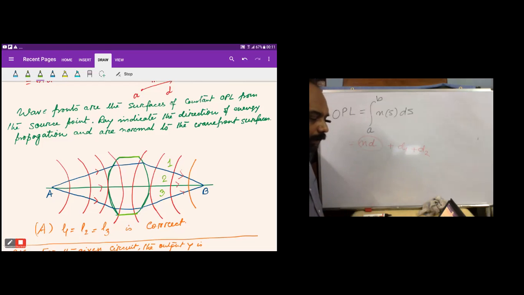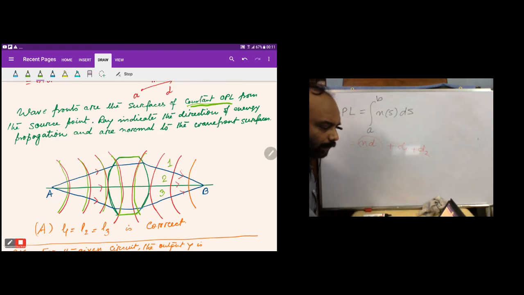So what I said is wave fronts are the surfaces of constant OPL, constant optical path length, from the source point. Rays indicate the direction of energy propagation because waves are going like this.